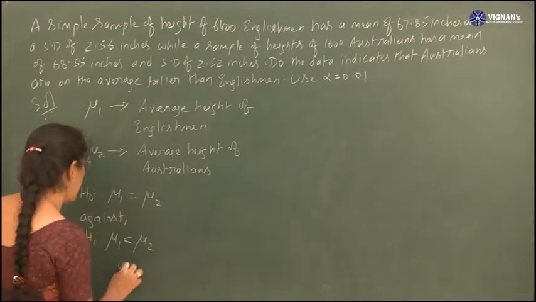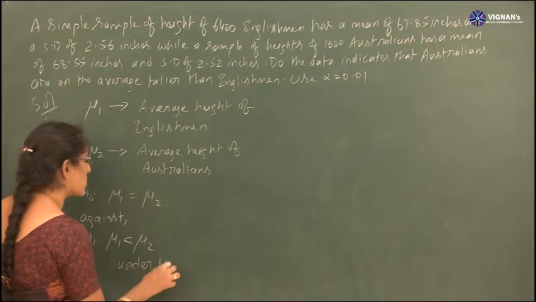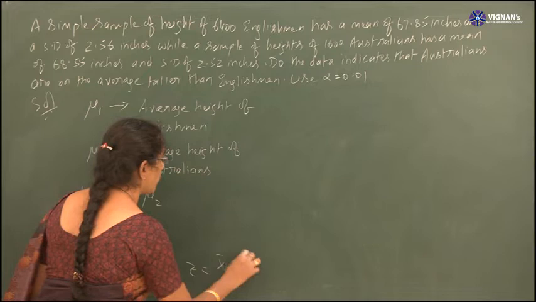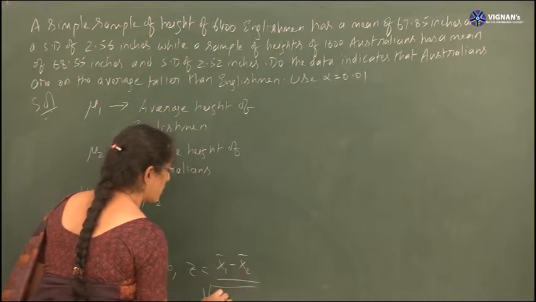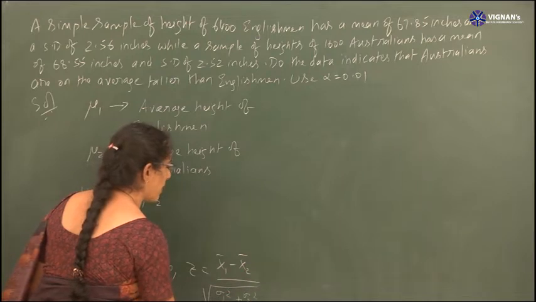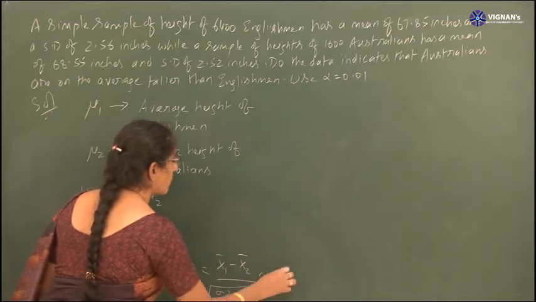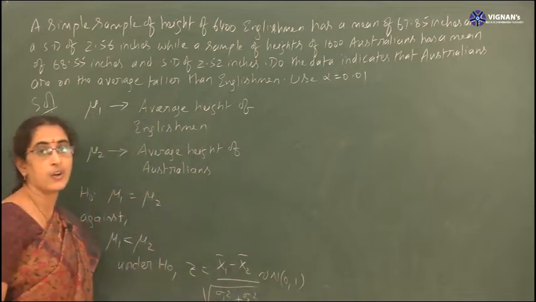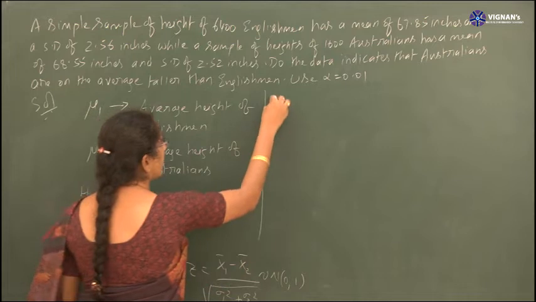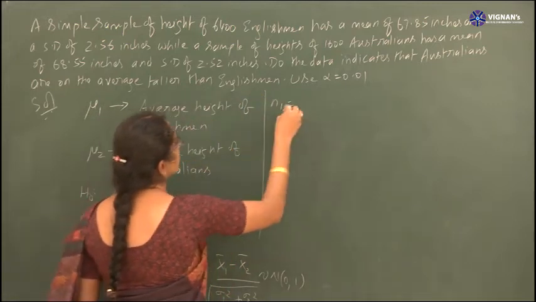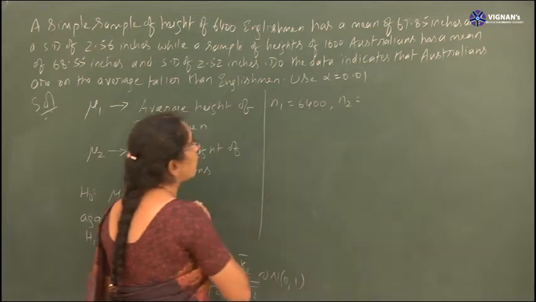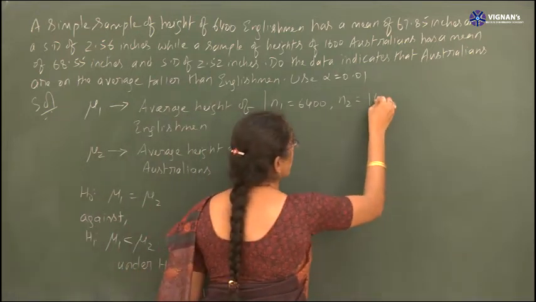Then, under the null hypothesis, the test statistic is given as z equal to x1 bar minus x2 bar by square root of sigma 1 square by n1 plus sigma 2 square by n2, which follows a normal distribution with mean 0 and variance 1. Now, if you write the given data, n1 means the sample size of Englishmen, that is 6,400, and n2 is the sample size of Australians, that is 1,600.